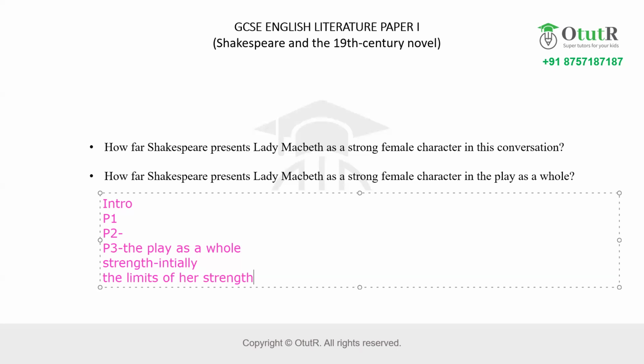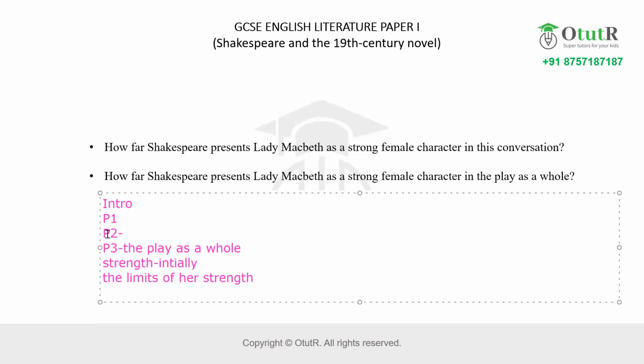So there had to be a downfall of this character. And we see after Duncan's murder, she is traumatized. Even though Macbeth committed it, her situation is no different from that of Macbeth.